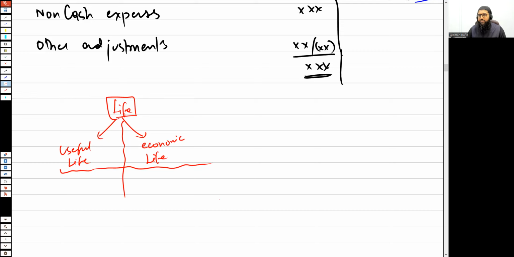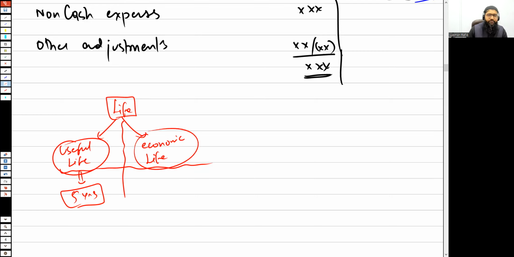What exactly is the difference between these two? For example, I purchased a car and I'm going to use this car for a period of 5 years. So my useful life is 5 years. What's the economic life? Economic life is the maximum period over which this car could be used. Let's say the manufacturer says it's a 10-year life.